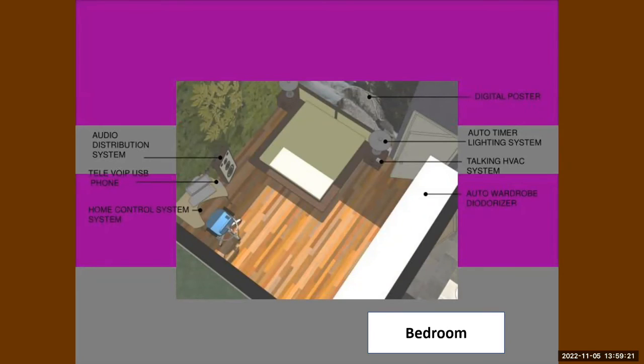Bedrooms: auto distribution system, a tele VIP user phone, home control system, a digital poster, auto timing lighting system. Again, having a talking HVAC system where you can just ask the temperature to be lowered and raised. And then you can have an auto wardrobe deodorizer.